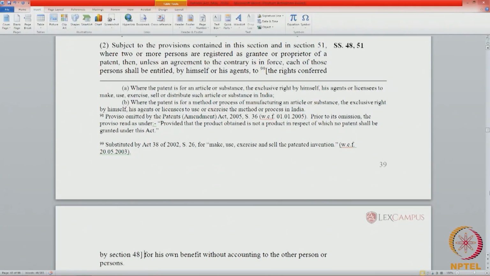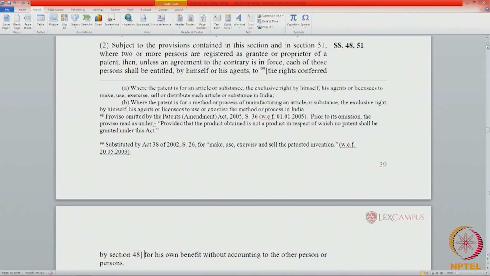Section 52 states that where two or more persons are registered as grantee or proprietor, then unless there is an agreement to the contrary, each of those persons shall be entitled to the rights conferred under section 48 for his own benefit without accounting to the other person or persons.